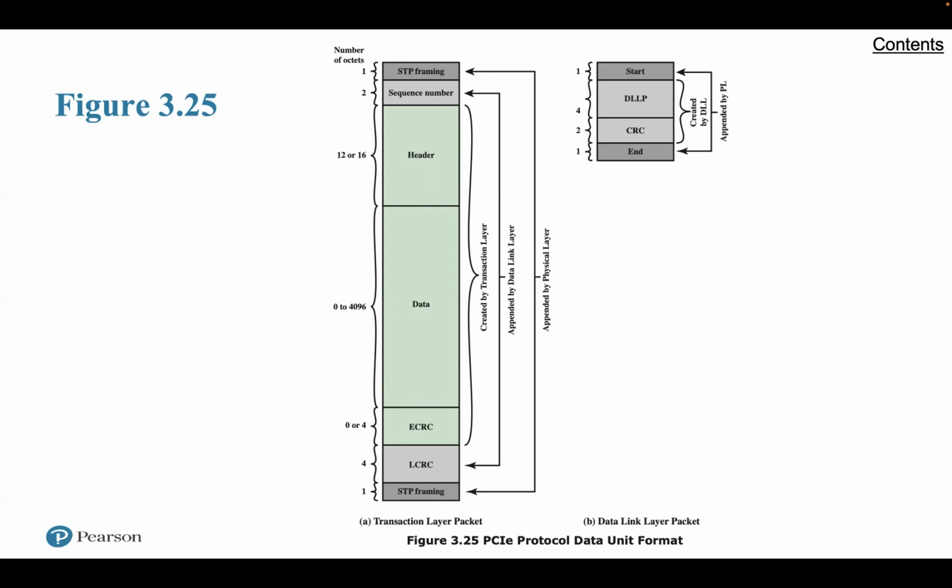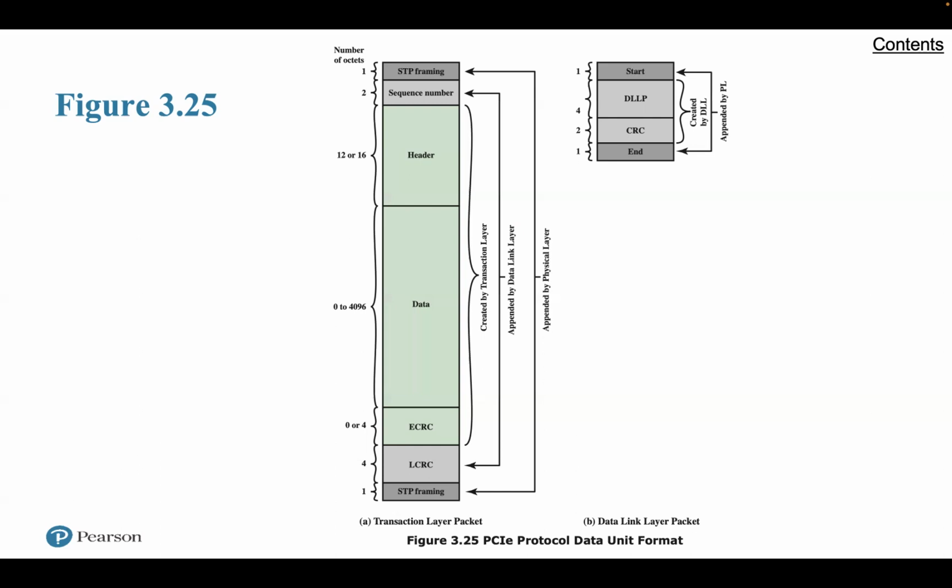So for data, a data field of up to 4,096 bytes may be included in the TLP. Some TLPs do not contain a data field. We have the ECRC. It's an optional end-to-end CRC field. It enables the destination TL layer to check for errors in the header and data portions of the TLP.